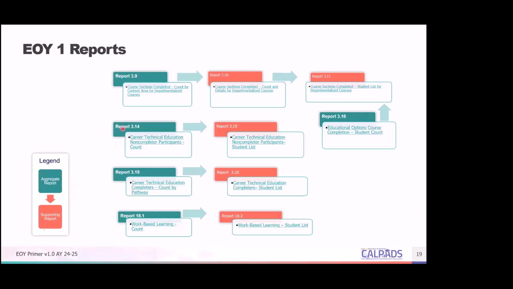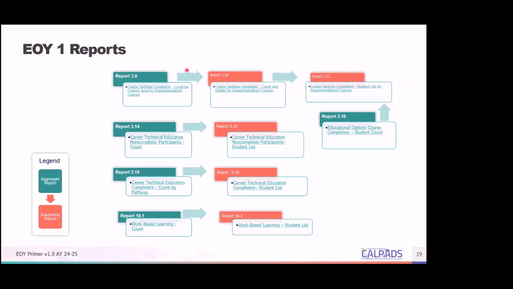According to the legend here, the reports that are in green or teal are your aggregate reports, and these reports must be reviewed and approved in order for your LEA to approve the end of year one submission, and so they must be reviewed and approved in order for you to certify. The reports in orange are your supporting reports. These provide detailed student information for the students that are counted in your aggregate reports.